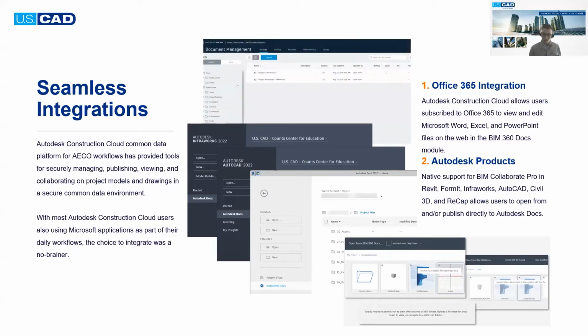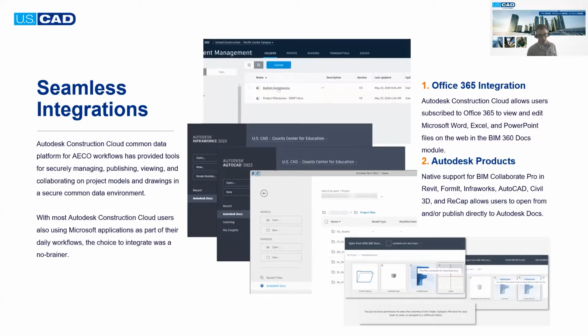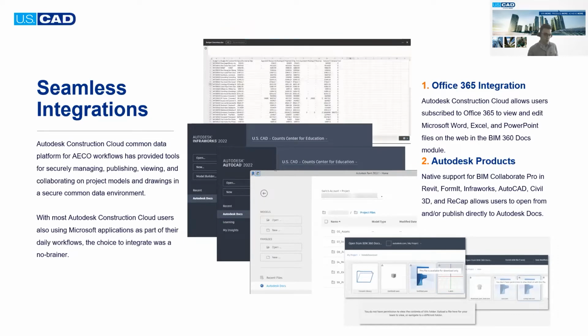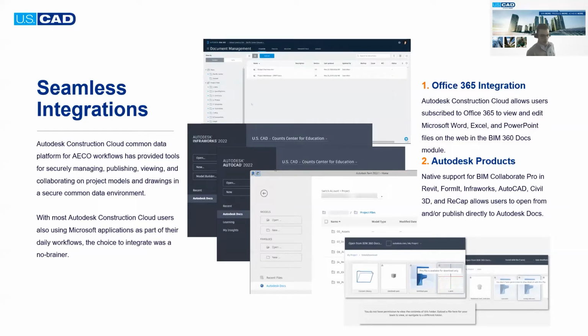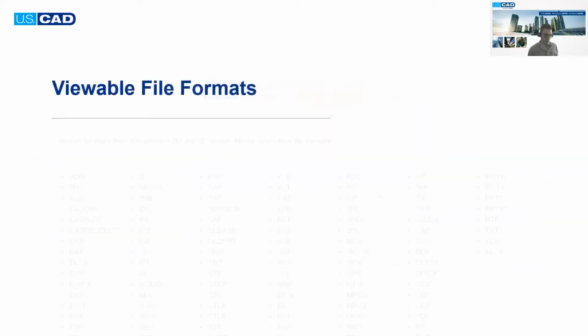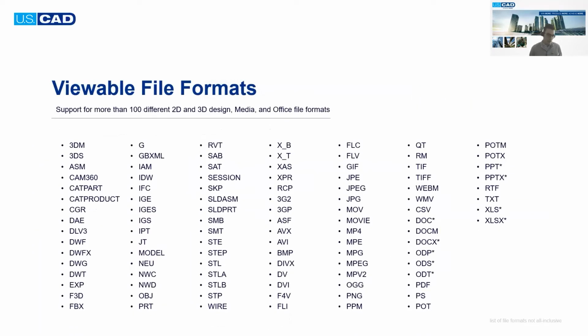And beyond the Microsoft Office 365 integration, there's over 100 different file types that are all viewable right within your ACC Docs browser, which again really allows this tool to be a primary leader in the industry for centralizing data storage. And we can see here on this next slide just a long list to really illustrate again the amount of different viewable file formats which can be stored on the ACC cloud.